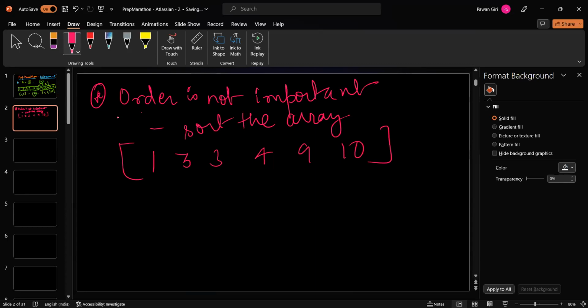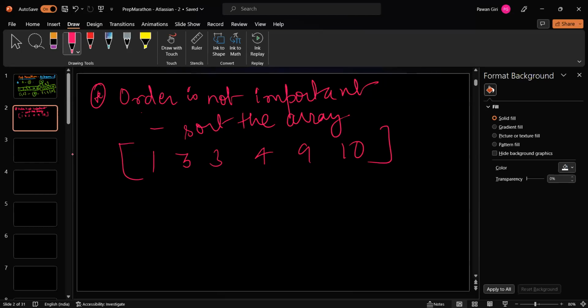The reason for this is you don't know, in future you might need to do some operations on the array, and performing any operation on a sorted array and an unsorted array has a huge difference. In a sorted array we can perform many operations very efficiently as compared to an unsorted array. Like doing a binary search, we can only do in a sorted array.